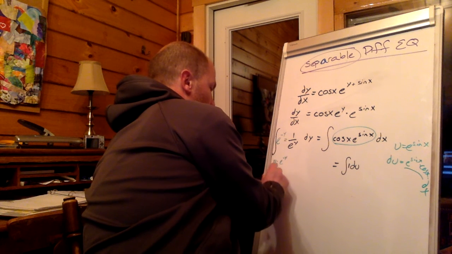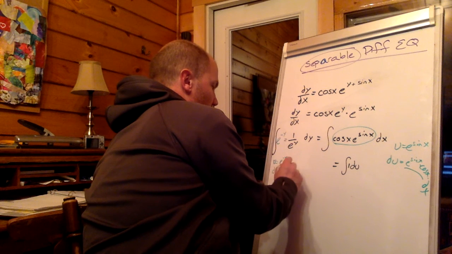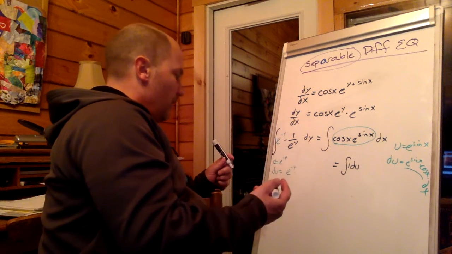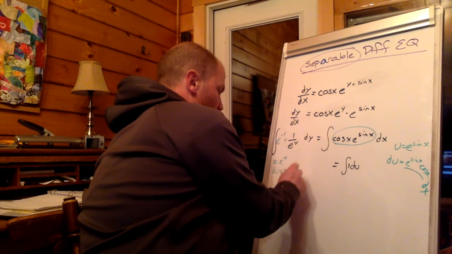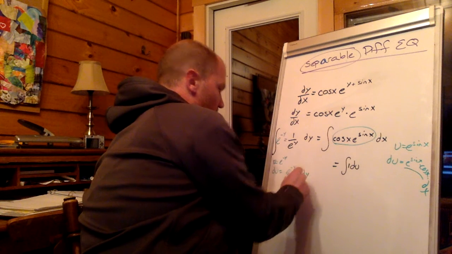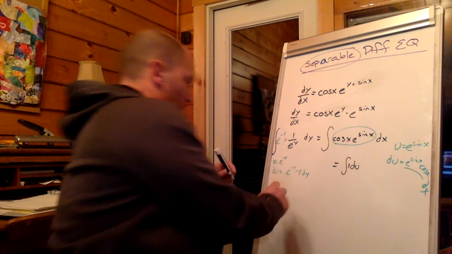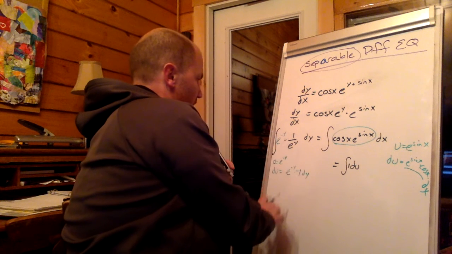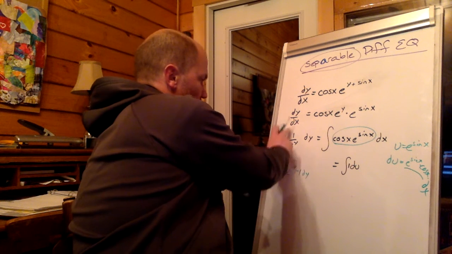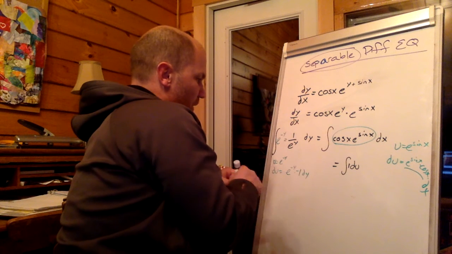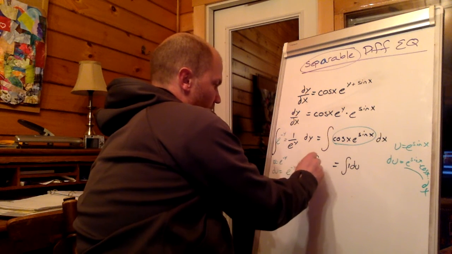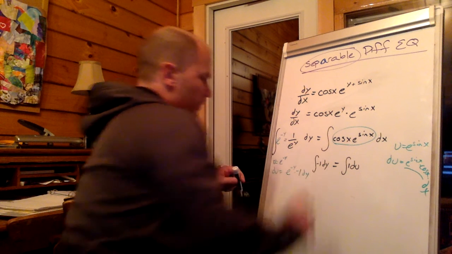So therefore du equals e to the minus y times the derivative with respect to y of negative y, which is negative 1 dy. So that more or less works out to be everything here except there's no negative sign. So that means that what I'm going to be integrating is the integral of negative 1 dy.